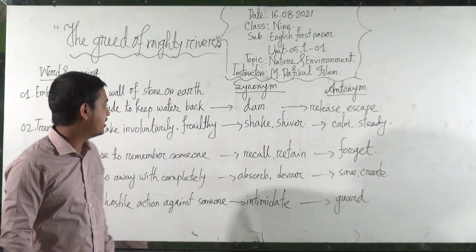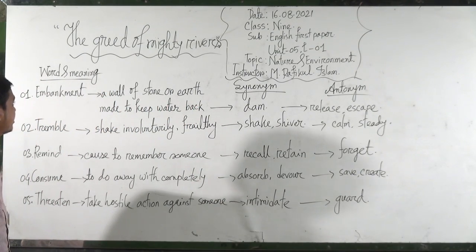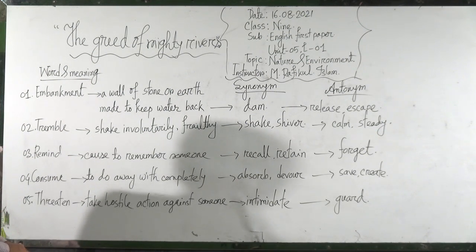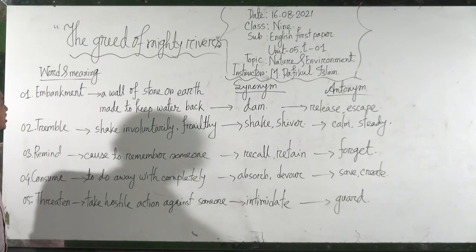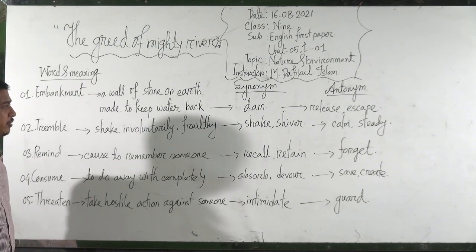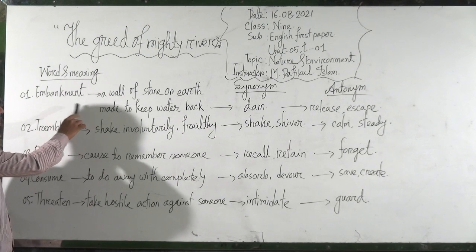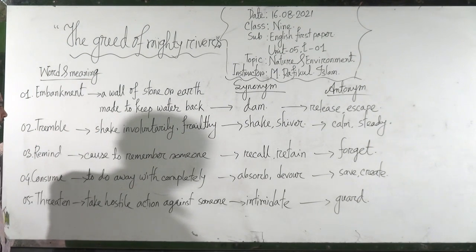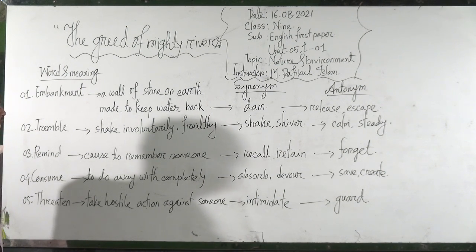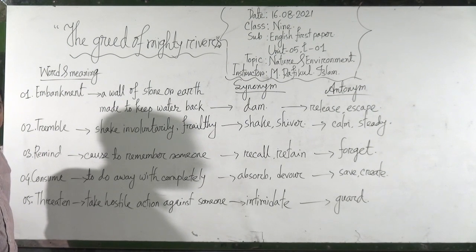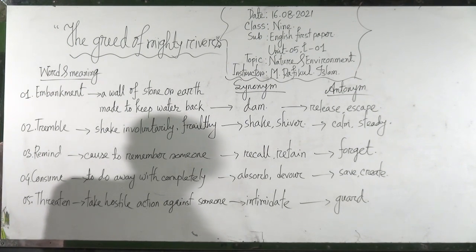The Great of Mighty Rivers. First of all, word and meaning, synonym and antonym. Embankment. It means a wall of stone or earth made to keep water back. Synonym: dam. Antonym: release, escape, etc. This word is very important.